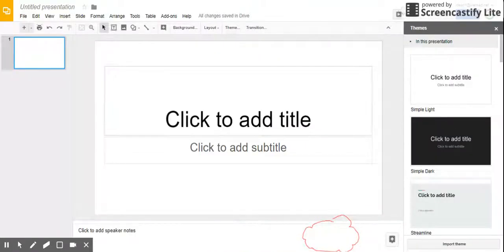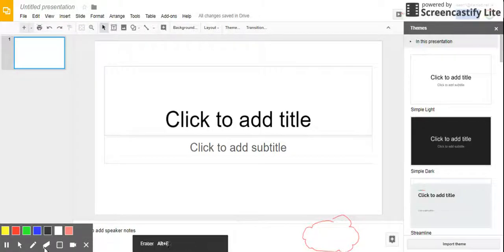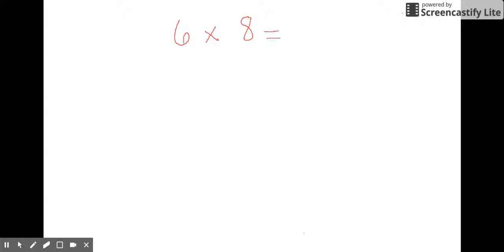Whoopsie. Let me do something. Like how that little guy stayed behind. Let's erase him. Goodbye. Okay, now let's see if we can figure out this pattern. What about this? What if I said this time 6 times 8 equals what?